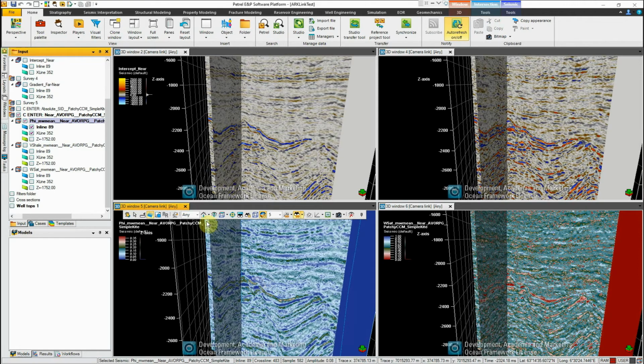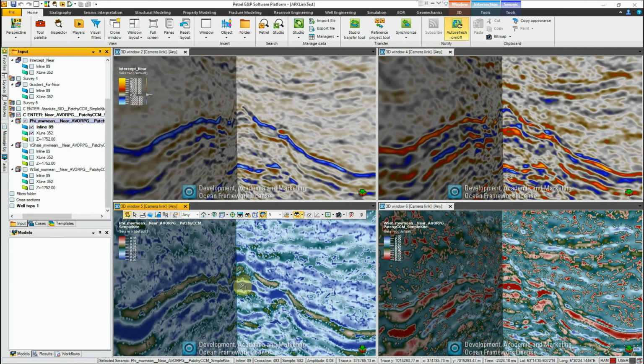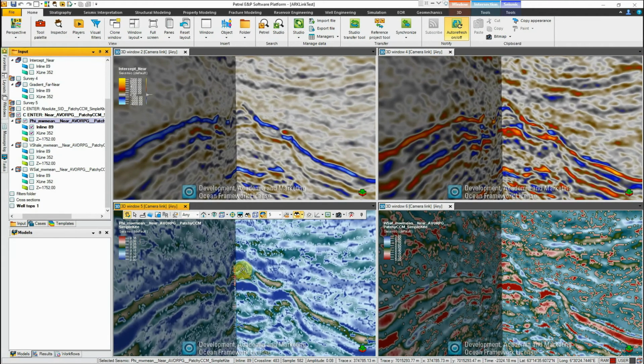Oops. And then if we zoom in here, we can see porosity predictions around 30%, so a little bit lower than what we have in the reservoir.